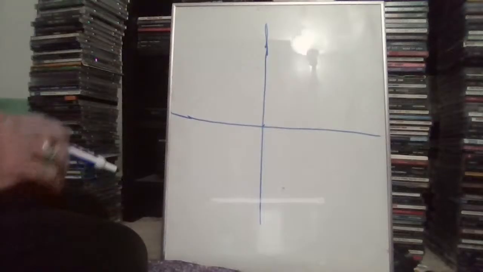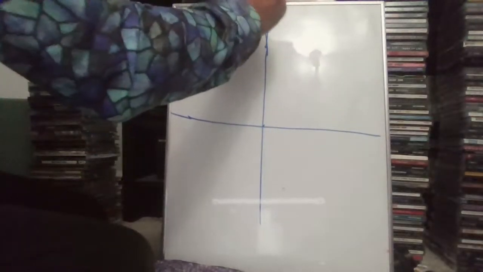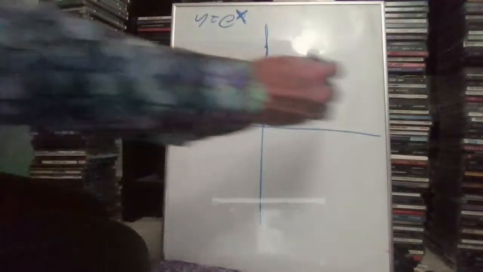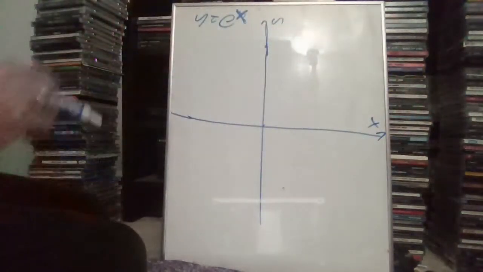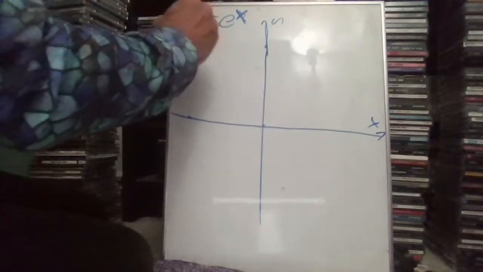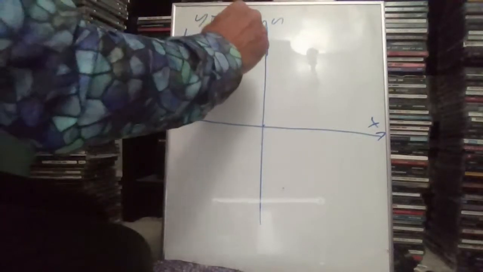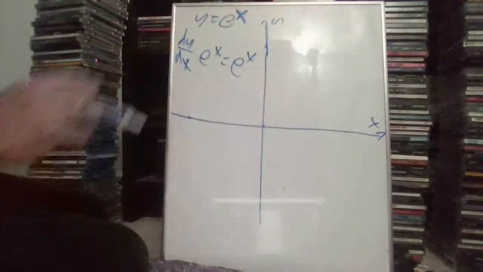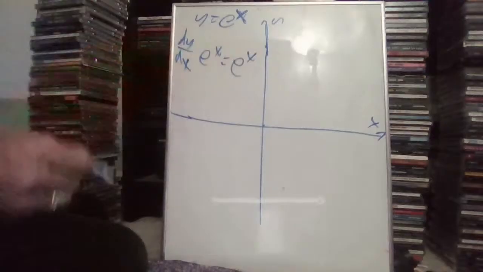So if I have y equals e to the x, what's that? It turns out that the derivative dy/dx of e to the x equals e to the x. The derivative, which is how fast it changes at any point, is equal to the function itself.